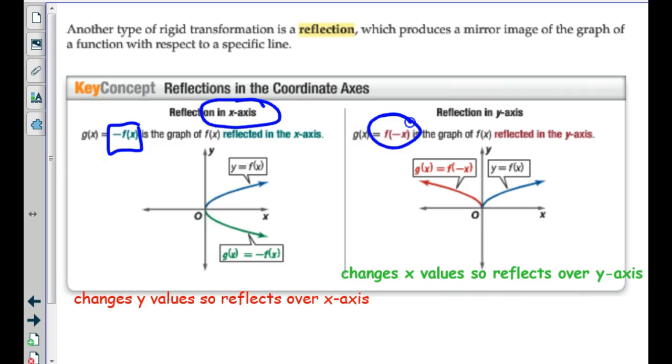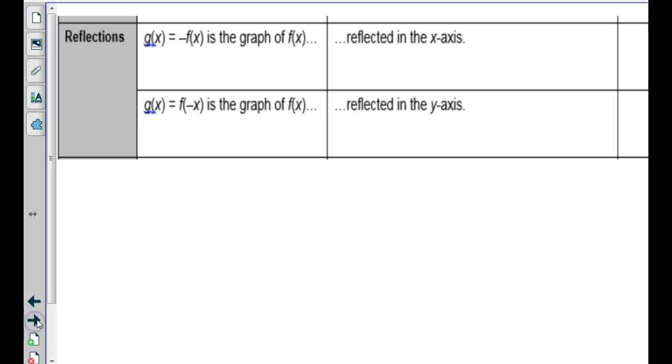If you change inside and change the x values, it's going to reflect across the y-axis. Is a parabola a good example? Is that going to reflect across the y? It'll be exactly the same, right? And that's because this is equal to this, right?